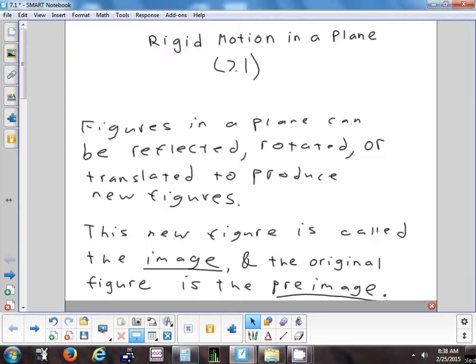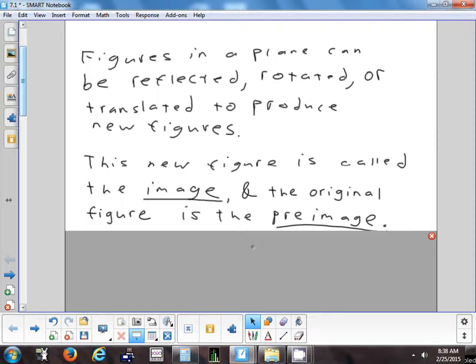And we'll try to come up with a way that, if you're looking at a picture, you know which one is the original and which one is the transformation. Our book generally uses red and blue for one or the other. So in this section, we're going to be enlarging objects.